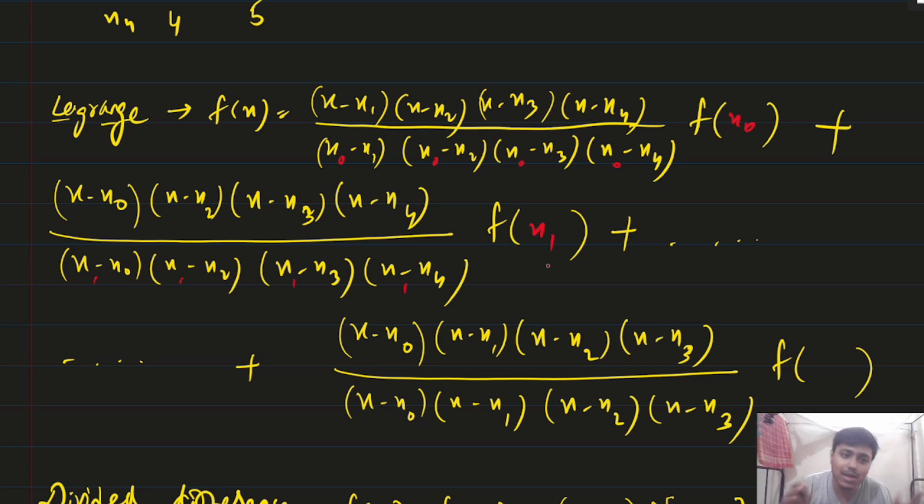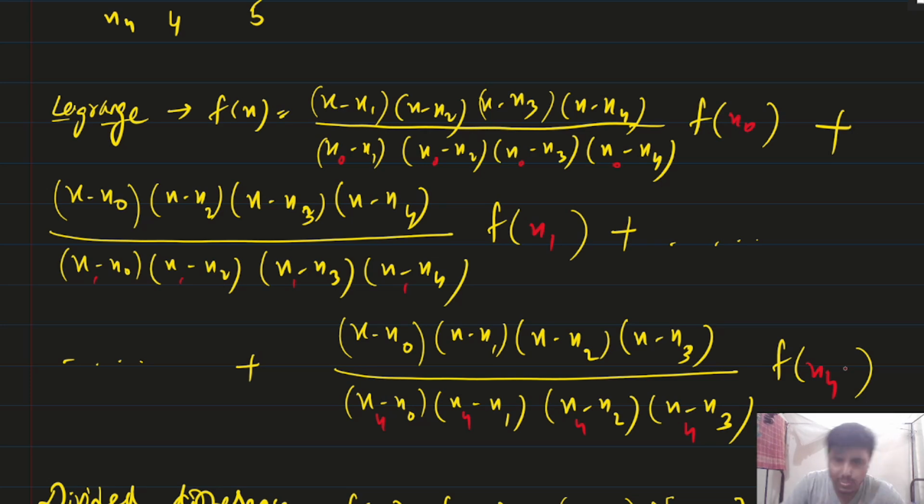It will take 30 minutes to solve just this question, and you cannot afford 30 minutes in the exam. Lastly we omit the last point, x4. So here f of x minus x0, x minus x1, x minus x2, x minus x3, and in the denominator will be x4, and here f of x4. I have just written the formula, you can revise it.